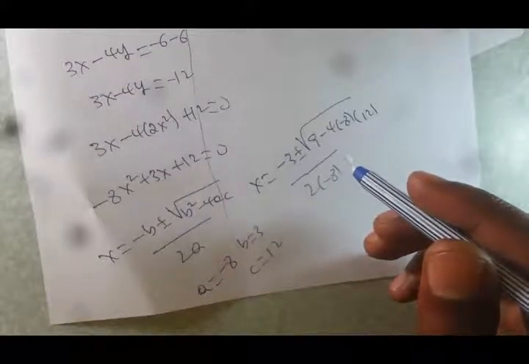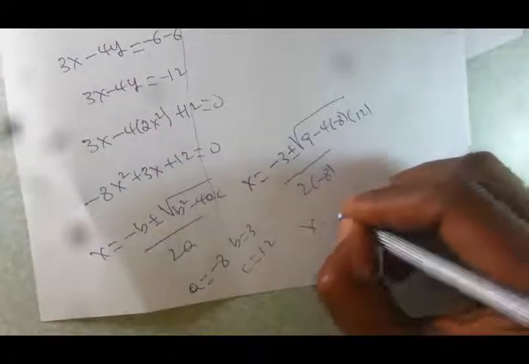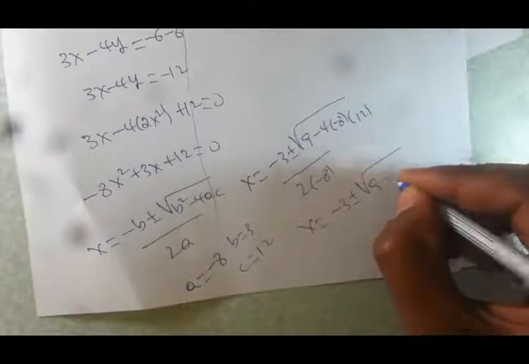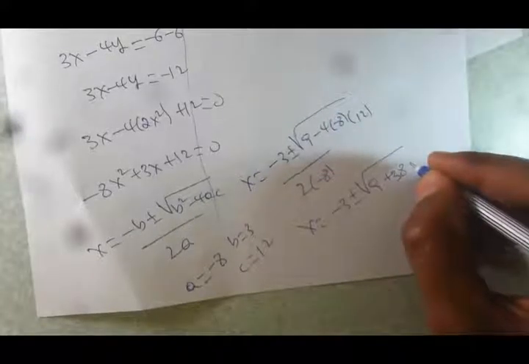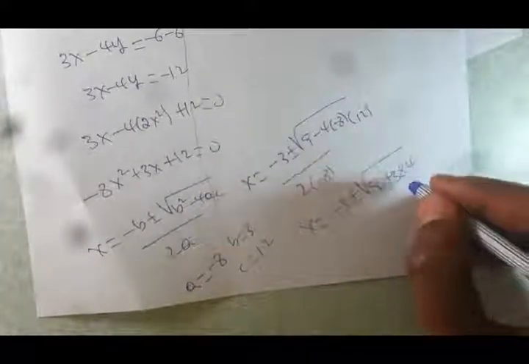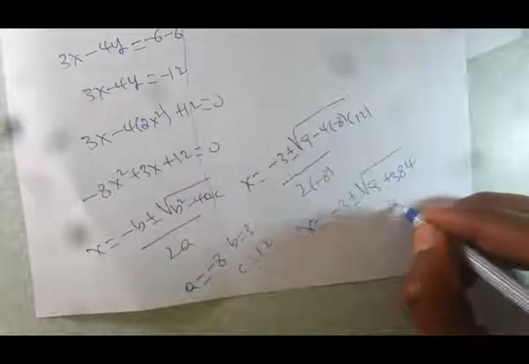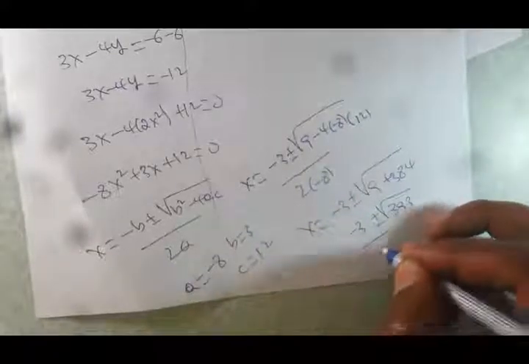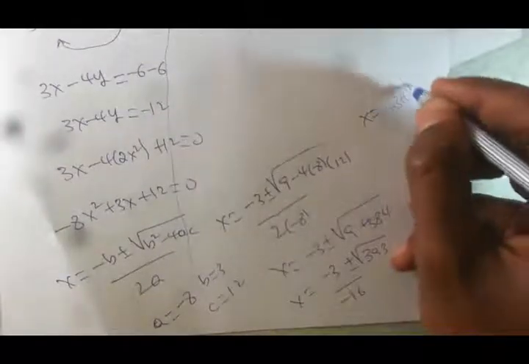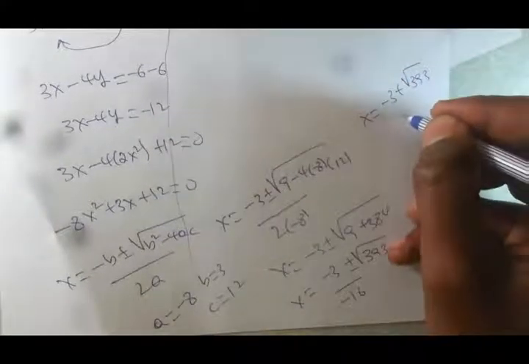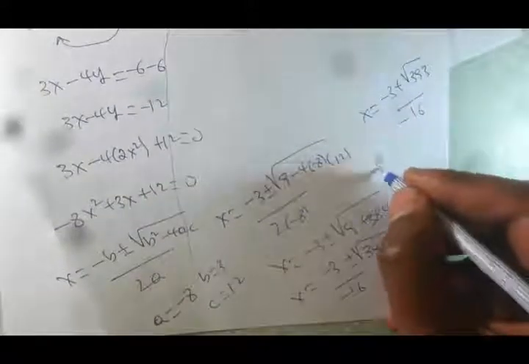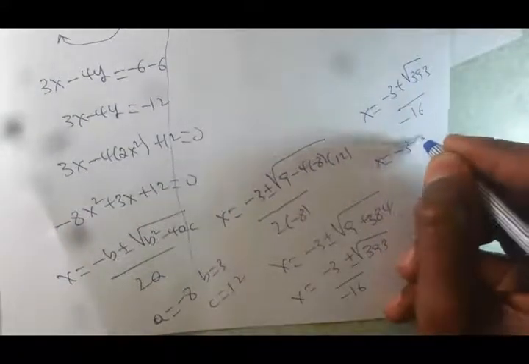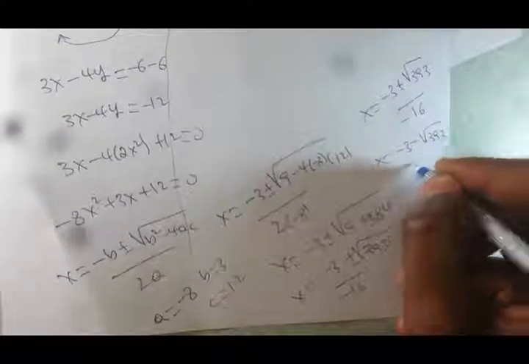Therefore the value of x will be x is equal to minus 3 plus or minus square root of 9 plus 384. So 384 plus 9 is equal to 393, plus or minus square root over minus 16. This is x. Therefore the value of x will be minus 3 plus square root of 393 over minus 16, or x will be minus 3 minus square root of 393 over minus 16.